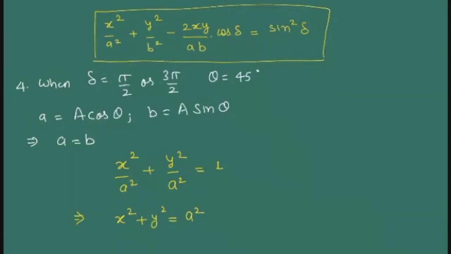So if you choose the thickness d such that delta is an odd multiple of pi by 2, and you align theta at 45, your incident beam is plane polarized and your outgoing beam is circularly polarized. Such a wave plate is called a quarter wave plate, because a pi by 2 phase difference is equivalent to a lambda by 4 path difference.